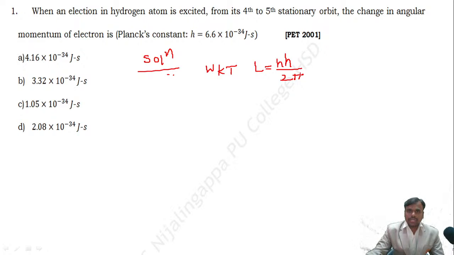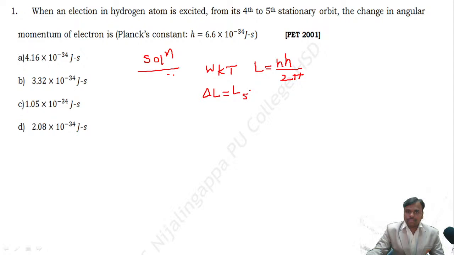Therefore, first we have to write L5, after that we have to write L4. Write down the change in angular momentum. Here we have to find the change in angular momentum. Delta L is equal to, which angular momentum is more? The angular momentum in the 5th orbit is more.